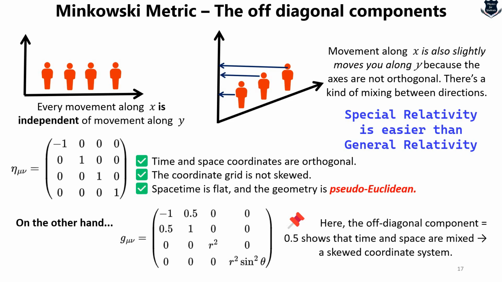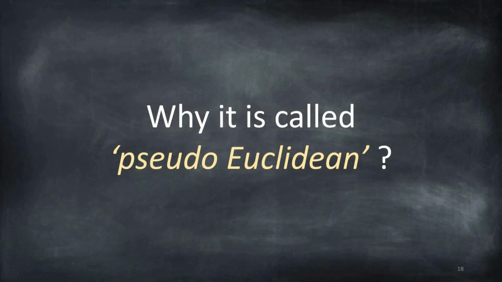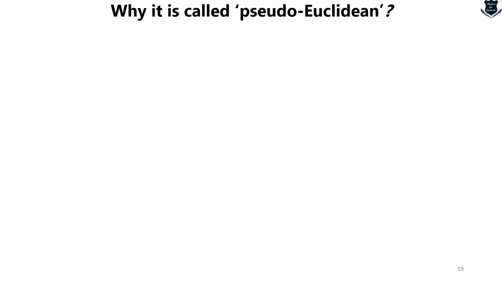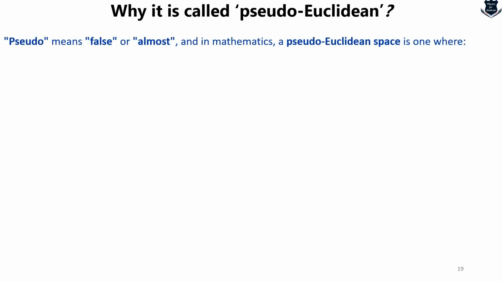Now, as I told you, I have written in red: why do we call it pseudo-Euclidean, not purely Euclidean? What do I mean by that? Let me give you a quick example, because pseudo-Euclidean, pseudo-Riemannian, these things are very common in learning general relativity. If I take it literally, pseudo means false or almost.